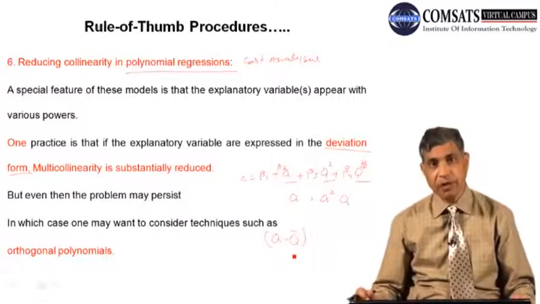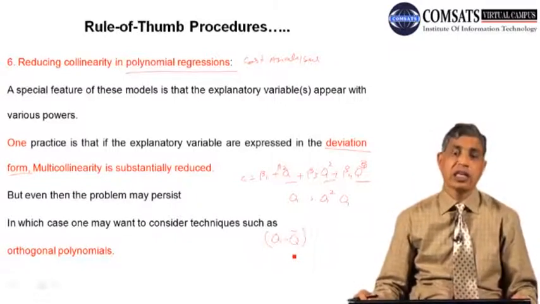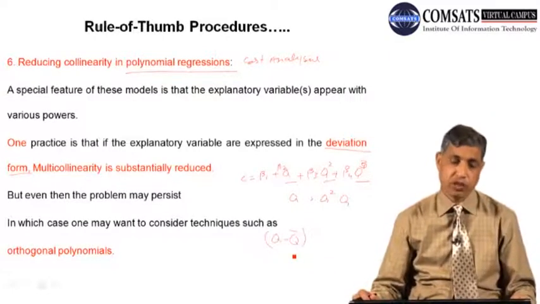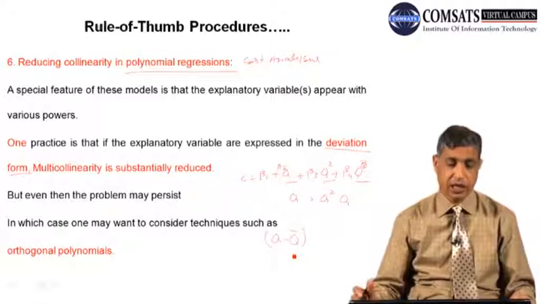Rather than using the simple variable, I can use the deviation from the mean, and it may reduce the problem of multicollinearity.